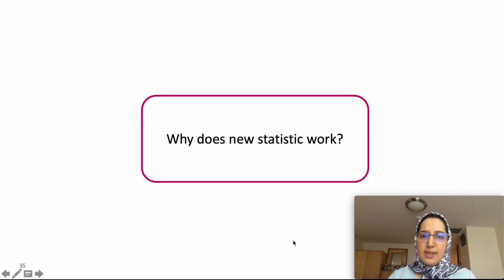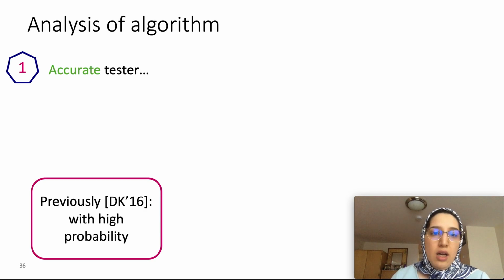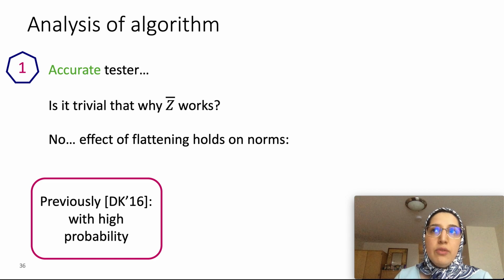So why would this new statistic work? The first step is to show that this statistic z bar, which is the average statistic, is accurate. The main issue is that the previous result indicated that with high probability the flattening set is in such a way that the L2 norms are small.